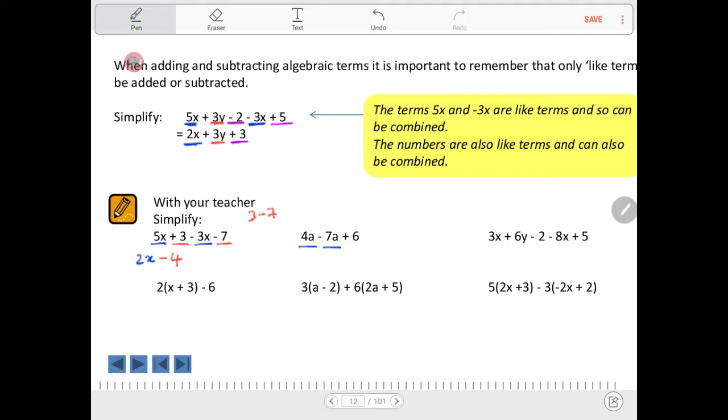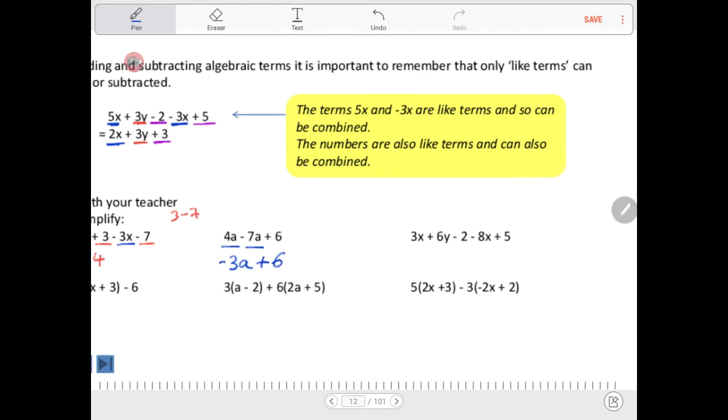So we've got a positive and negative, so we'll find the difference between 4 and 7, which is 3. And the 7 is negative, so the answer will be negative 3a. And then the 6 is just as is, plus 6 stays as is. So 4a takes 7a is negative 3a plus 6.